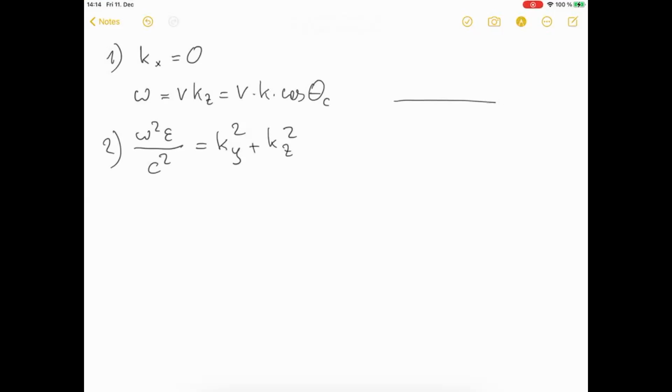So let me make a drawing here. We have a particle of mass m, and it emits a photon. The case of real emission is described by the emission angle theta c. But now we look at the case when there is no real emission possible.